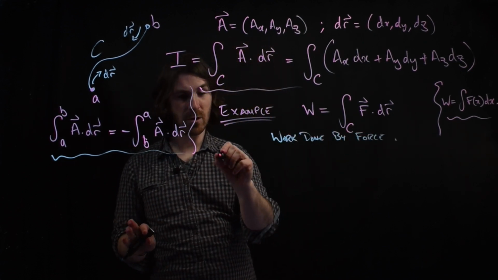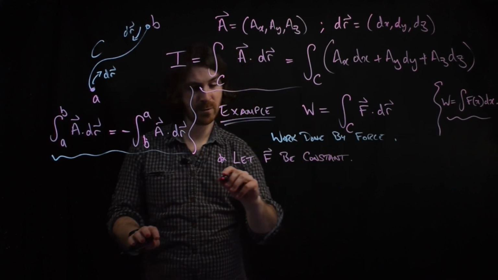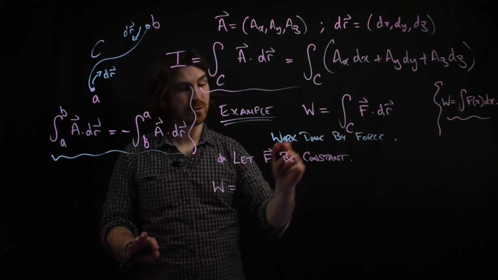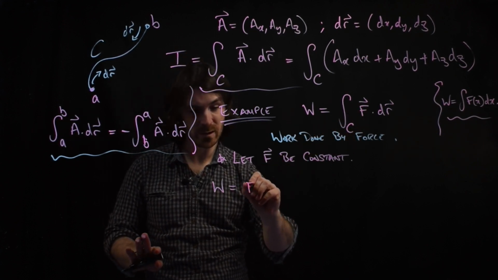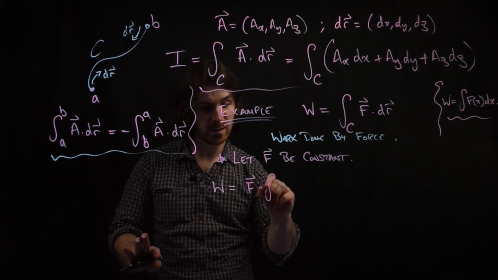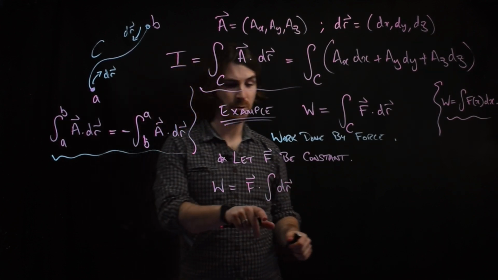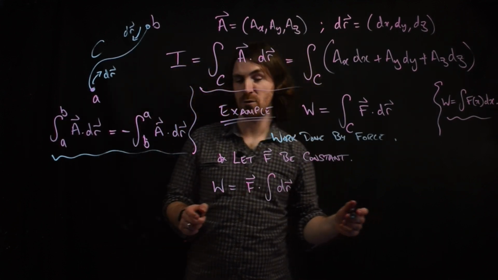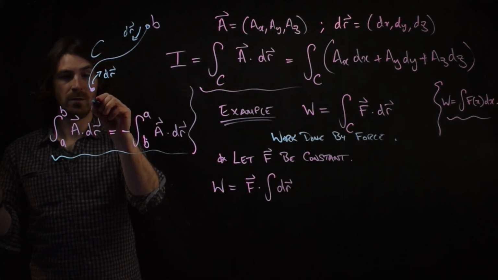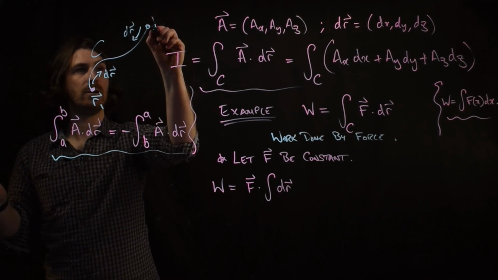Okay, let's think about a constant force. So what does that mean? We have the work done is equal to the integral of f dot dr, but f is a constant, so we can bring it outside the integral. So we have f dot, and then the integral of dr, and we're going along some curve C. So let's go from point A, let's call it R1, to point B, and let's call that R2.